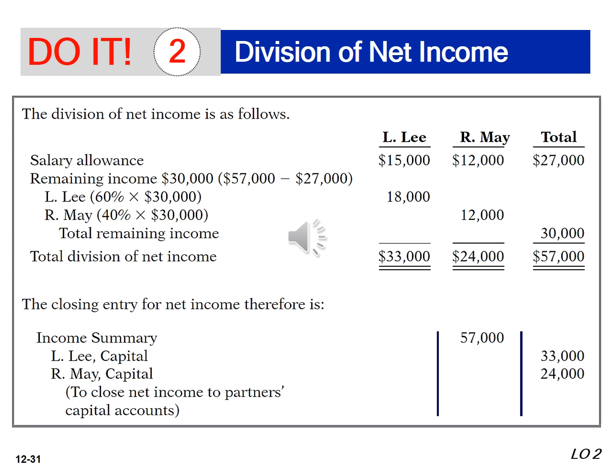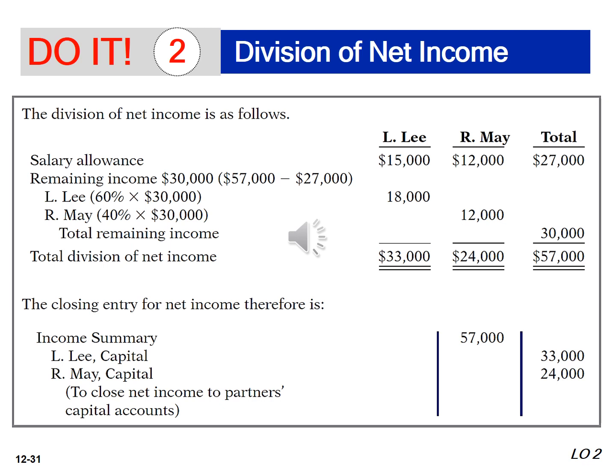And then we total these two amounts to 30,000 and add them to the last column of the totals, which gives us the total division of net income. So LE is going to get a total of 33,000, RMA is going to get a total of 24,000, and of course the total net income is 57,000. Now, how do we close this in the general journal?